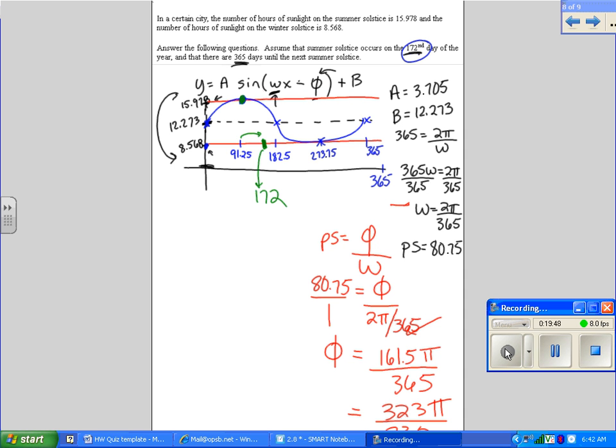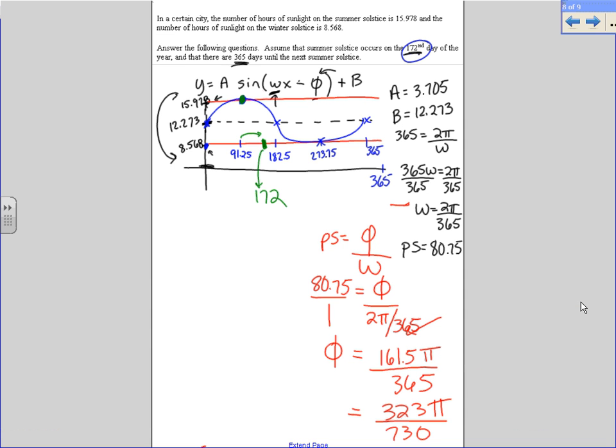Okay, so now finally, after this long hard work to get all these values, we're going to take them and put them into the equation, and we're finally going to have our equation here. Notice, that's our equation. We found all those values: the amplitude, omega, phi, and the vertical shift.